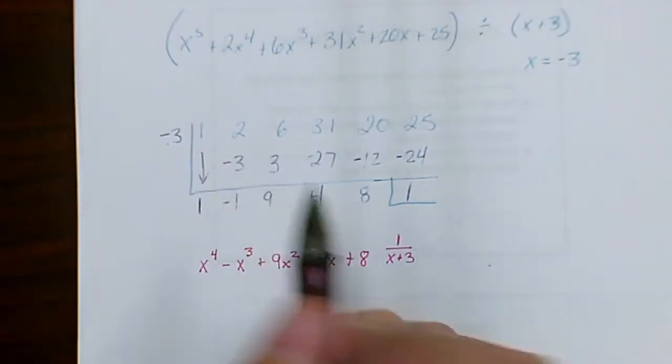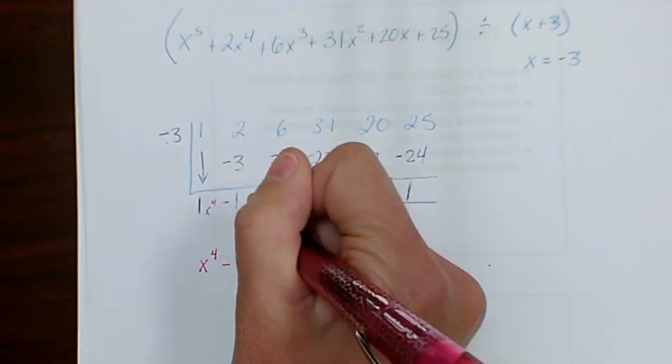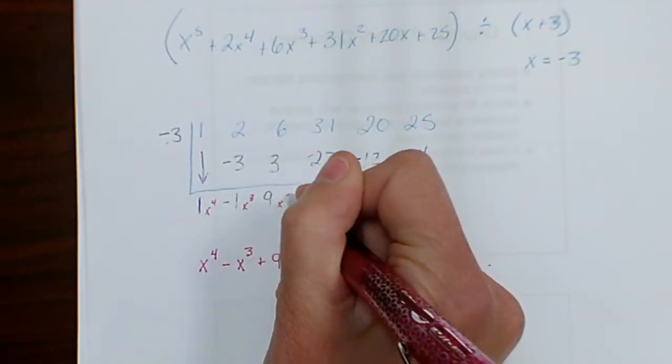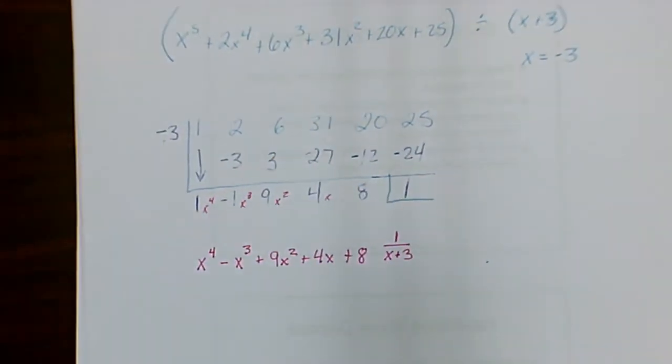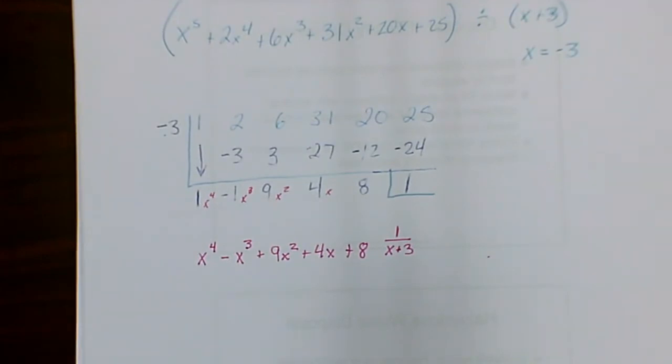Since we started out with x to the 5th, we knock down 1 degree and we use those coefficients. You can keep going and divide this by another value, but we do have a remainder to worry about.